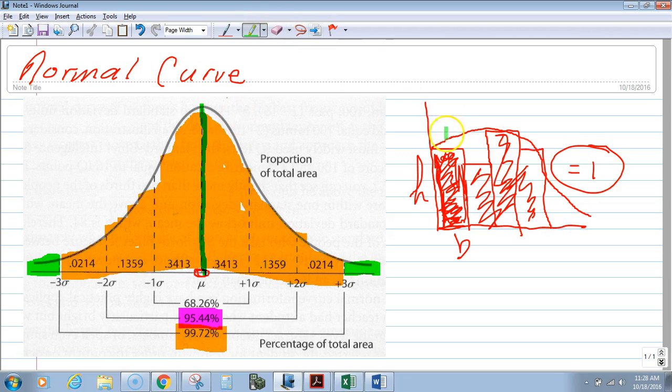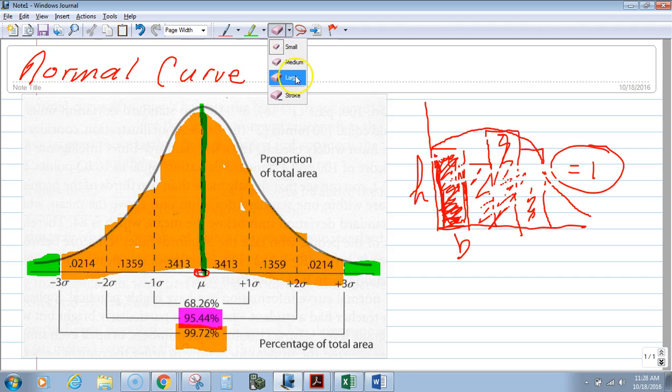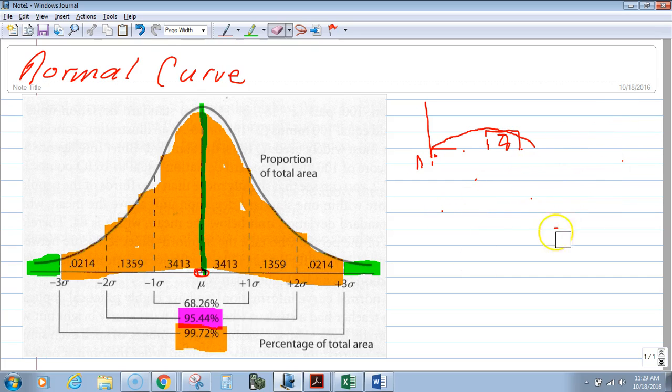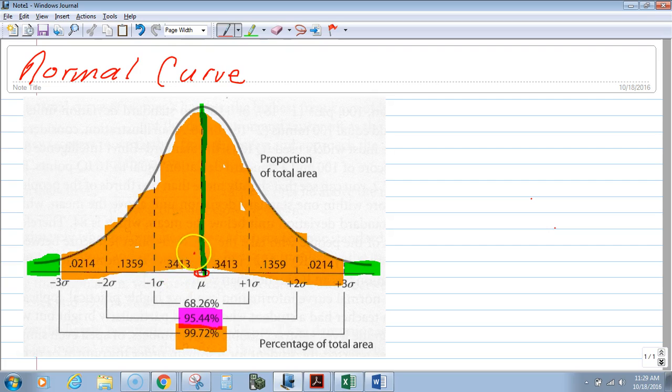Okay, so what are some other things that come up when we talk about the normal curve? What comes up is how you talk about the area. You can talk about the area as a percent. 0.3413, that's 34.13%. It's also a proportion, right?